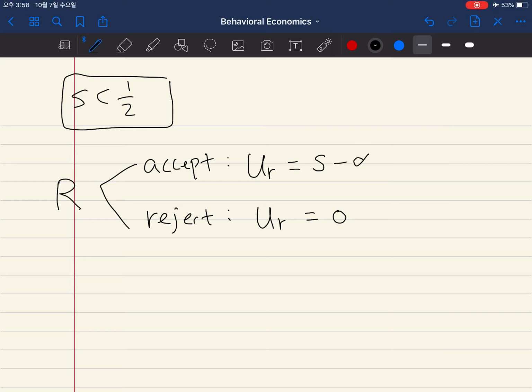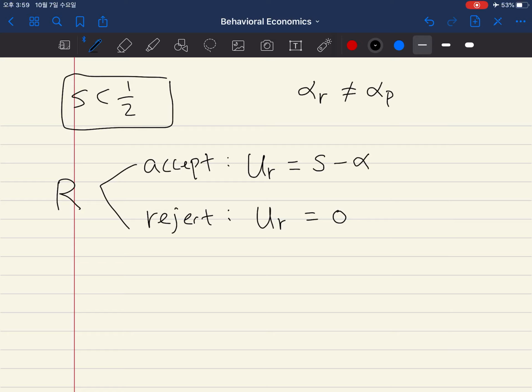So we're gonna have alpha. This alpha parameter here is the alpha parameter of responder. So we have to say alpha R, but let me just ignore this point here. In general, alpha parameter may be different between responder and proposer, but let's ignore this for the sake of simplicity.